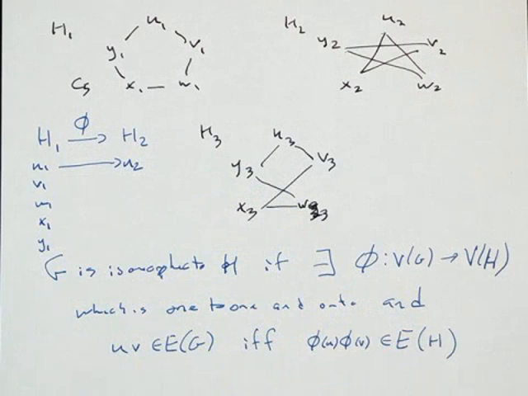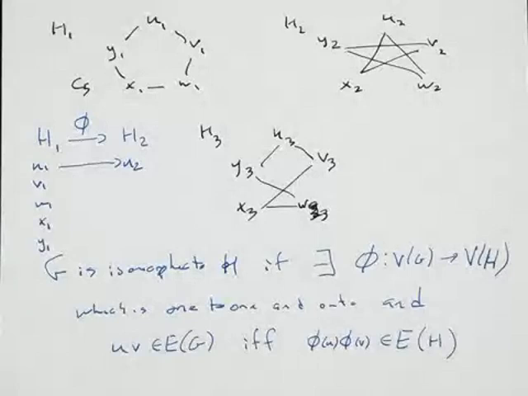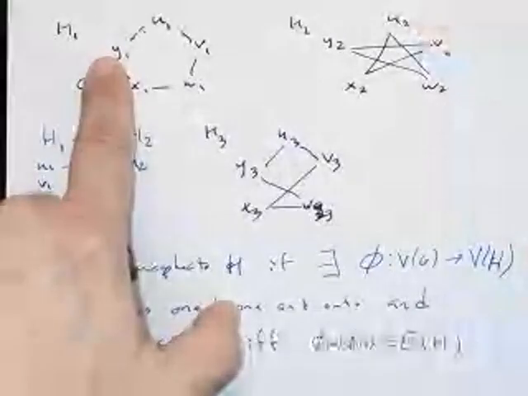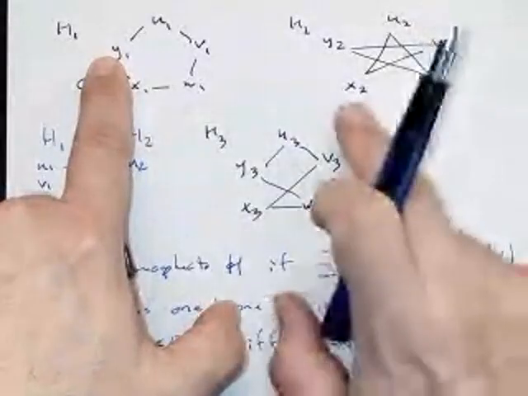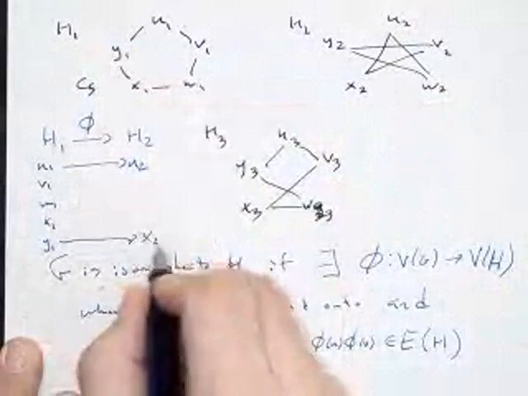So, do you want to go left or right from U1? If I'm going left, Y1. Y1's adjacent to U1, so Y1 has to go to something. Okay? So Y1 goes to 2.